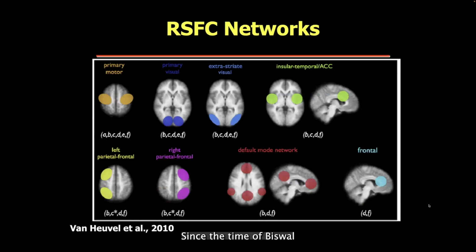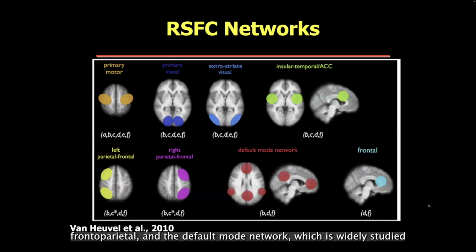Since the time of Biswal and colleagues in 1995, a range of networks has emerged. The original work was the primary motor network, but also visual networks, what we call the salience network, frontal networks, frontal parietal, and the default mode network, which is widely studied.